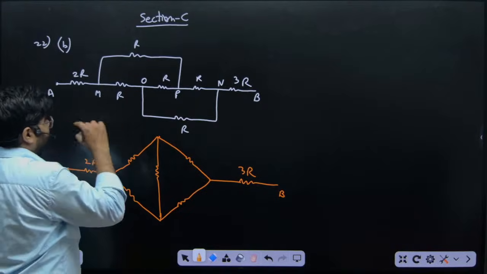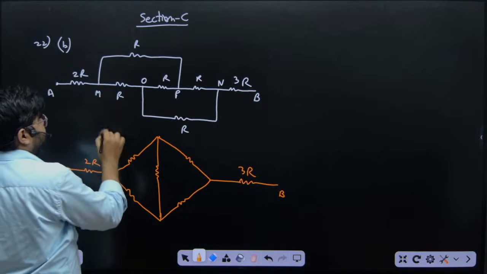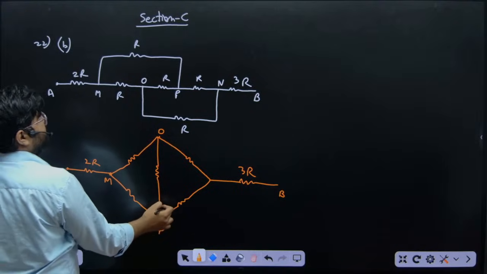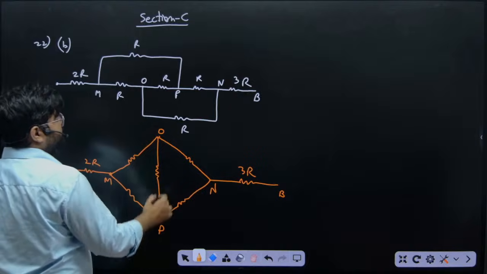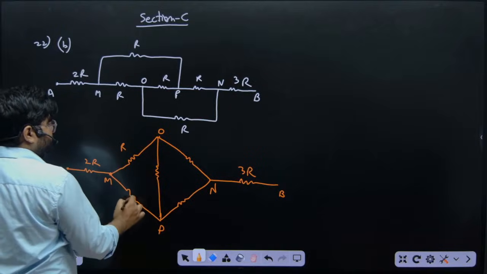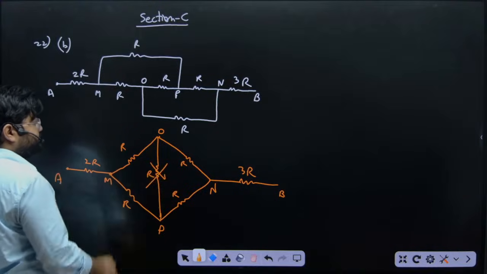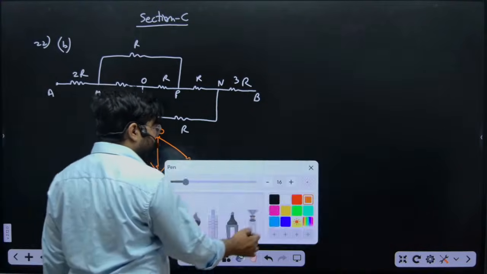Now let me say this is M and this is O, this is P and this is N. So all the resistances are R, so this is gone. Okay, now we have to find the equivalent.